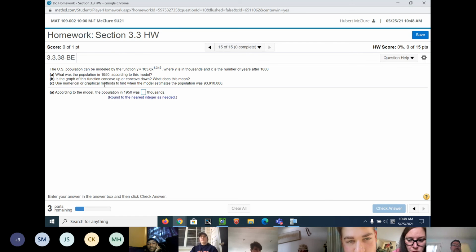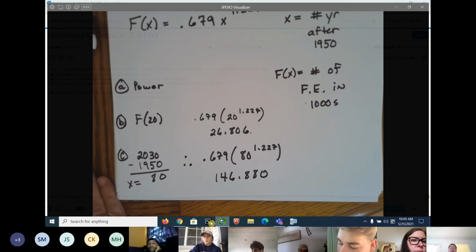B, is this graph concave up or concave down? And C, use numerical or graphical methods to find out when the model estimates the population was 93,910,000 people. Okay, so there's the problem.